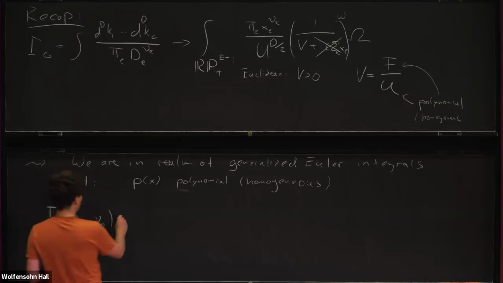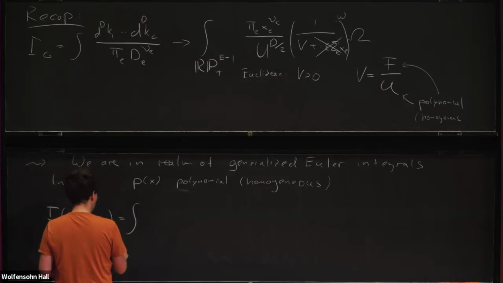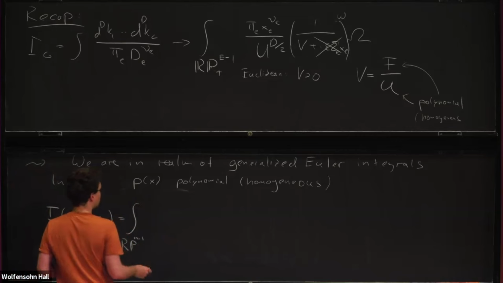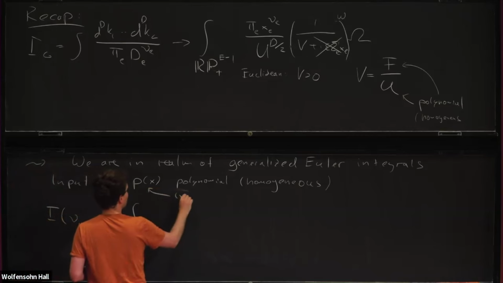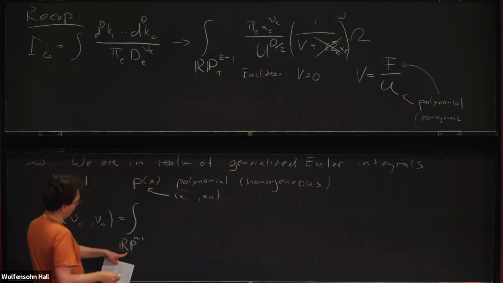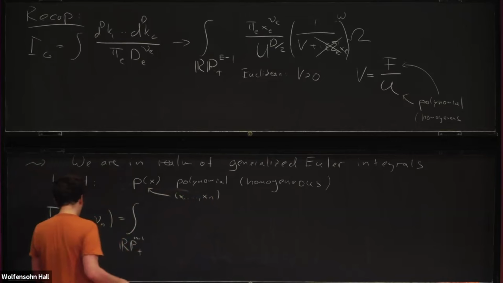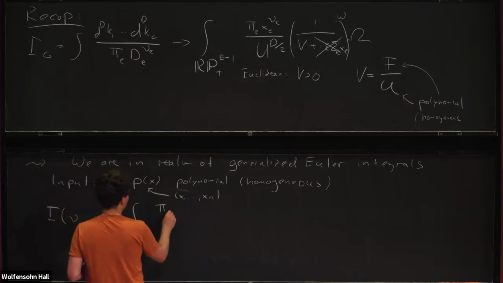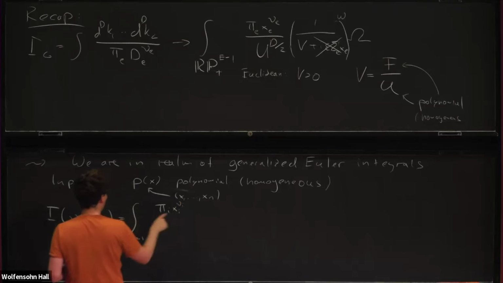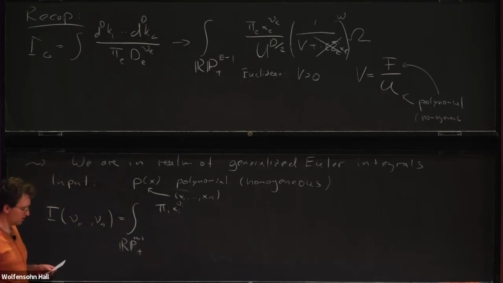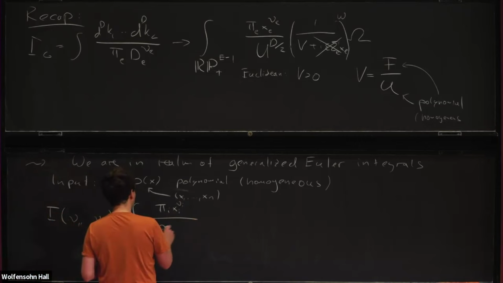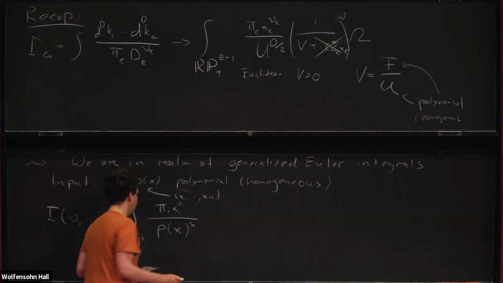We define it to be an integral over the positive projective space. Say this is a polynomial in x1 to xn, so we integrate over n minus 1 dimensional positive projective space. Here we raise these x's, the homogeneous coordinates, to these new parameters. And then we divide by this polynomial raised to some power.